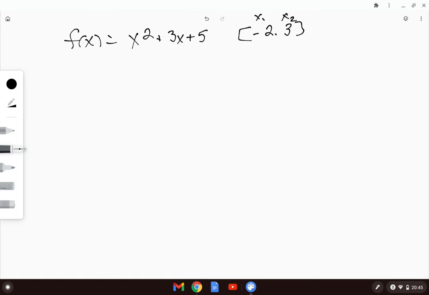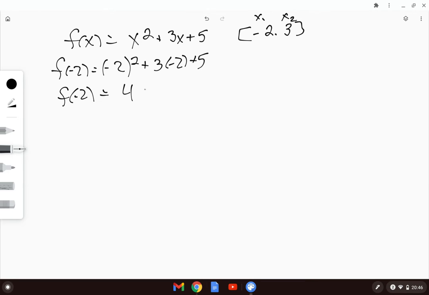So what I'm going to do is substitute each of these x values into the function so I can get an output of a y value and use that to write my ordered pair. So if I have f of -2, I have 4 minus 6 plus 5.